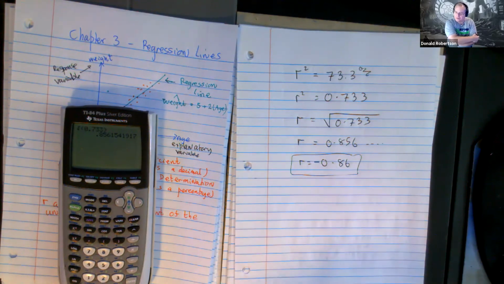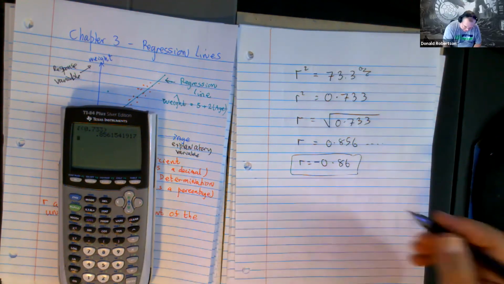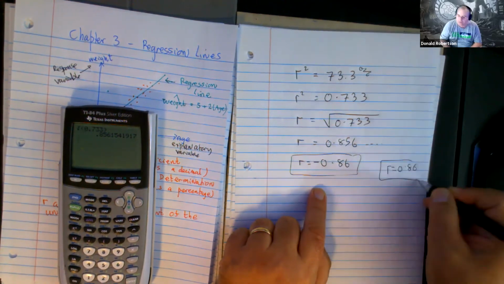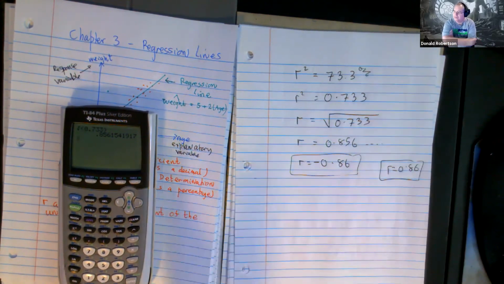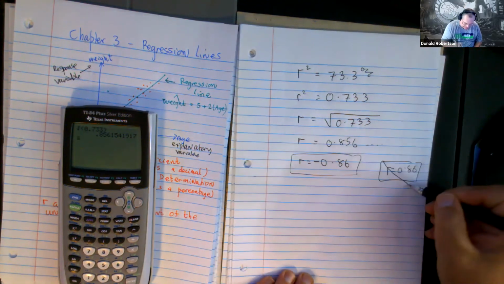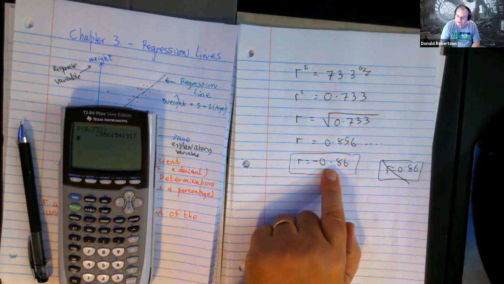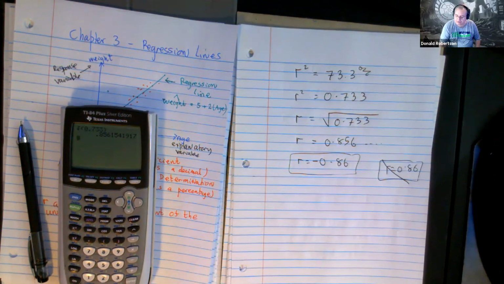Negative slope. So don't we choose the negative version of that as opposed to the positive version? Remember, you always get 2 chances, but only one of them is correct for the situation. So not him, him. Okay, so negative 0.86.